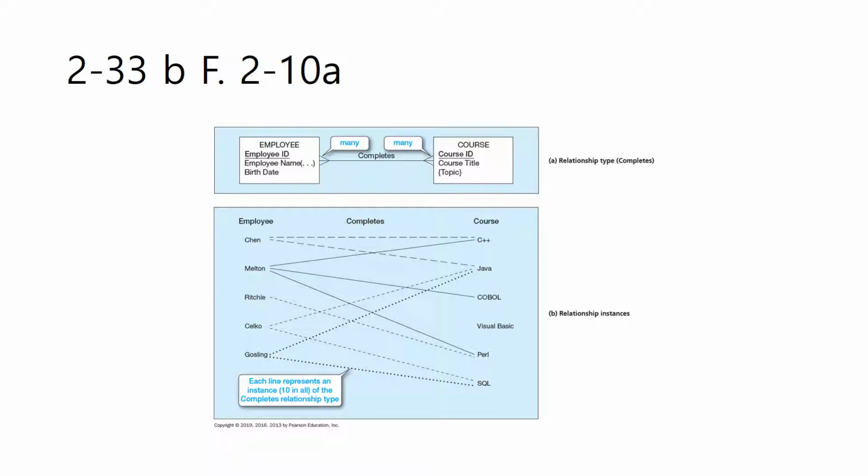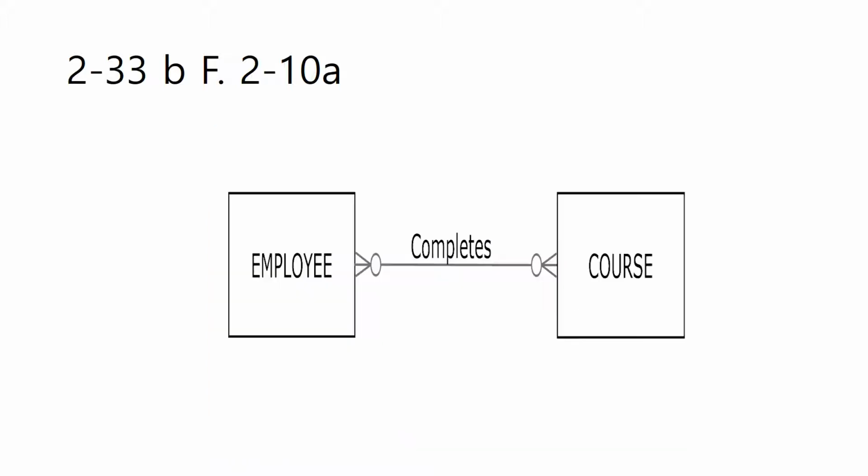But you can see Visual Basic is not completed by any student. Also in here there must be some student name, employee name, but it is hidden. So each line represents an instance. So we can draw like this. Employee completes 0 through many courses, and course also has 0 through many employees.